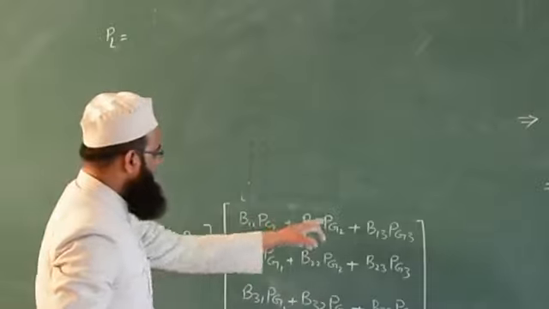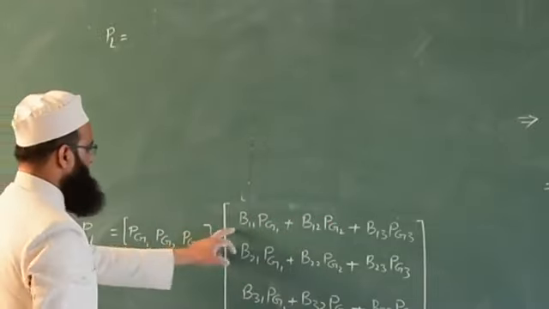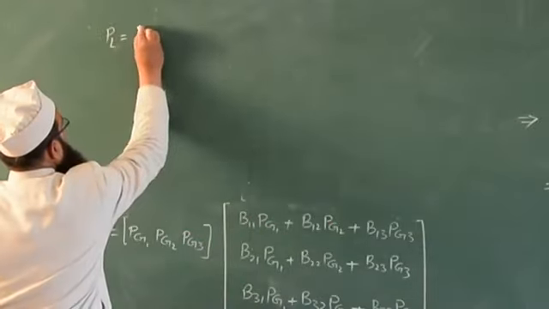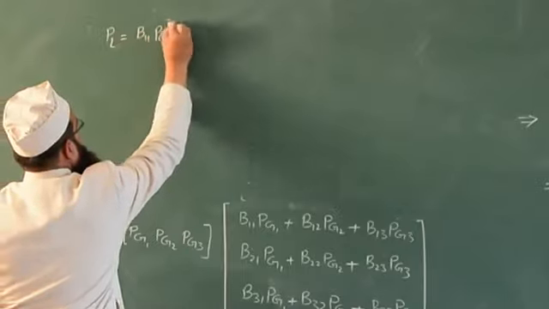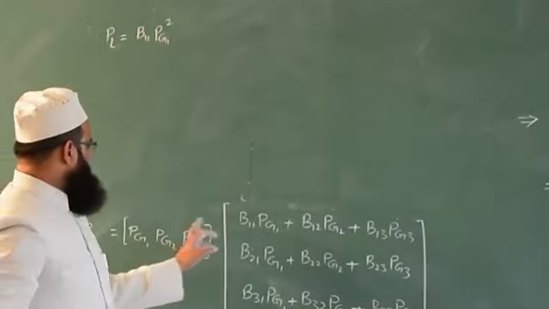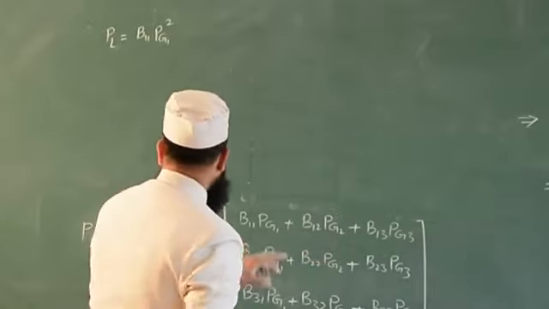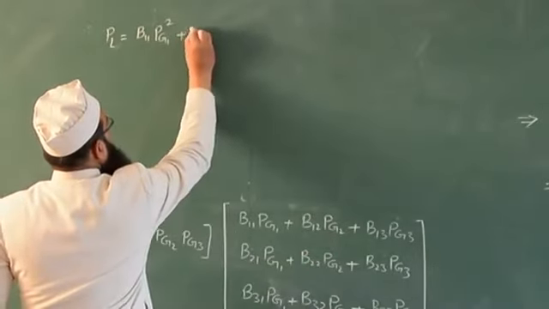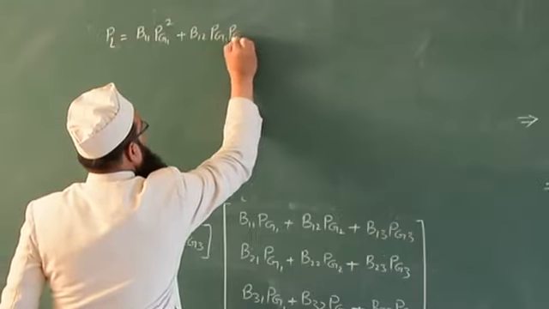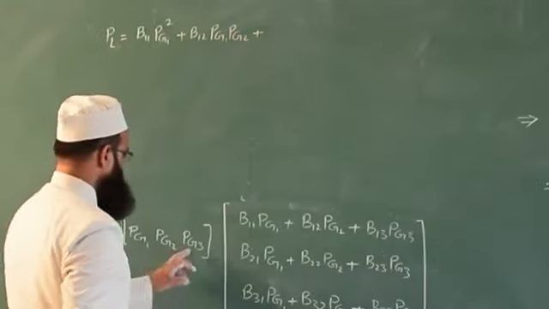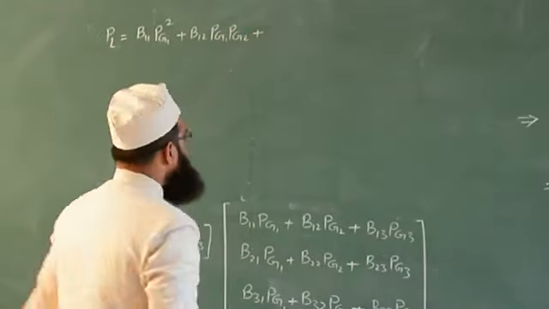PG1 will be multiplied with this, so this will be B11 PG1 square, plus B12 PG1 PG2, plus B13 PG1 PG3.